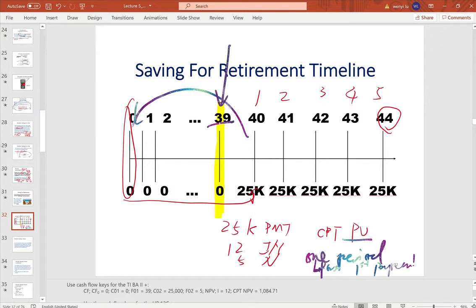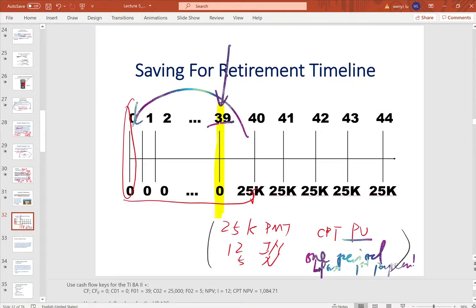You will do one more step, discounting this cash flow to time 0, to solve for the eventual present value at time 0. So let's put these two steps together and write the calculations down on this slide. Please take some notes. The first step, we solve the PV of the annuity, which we have done here.